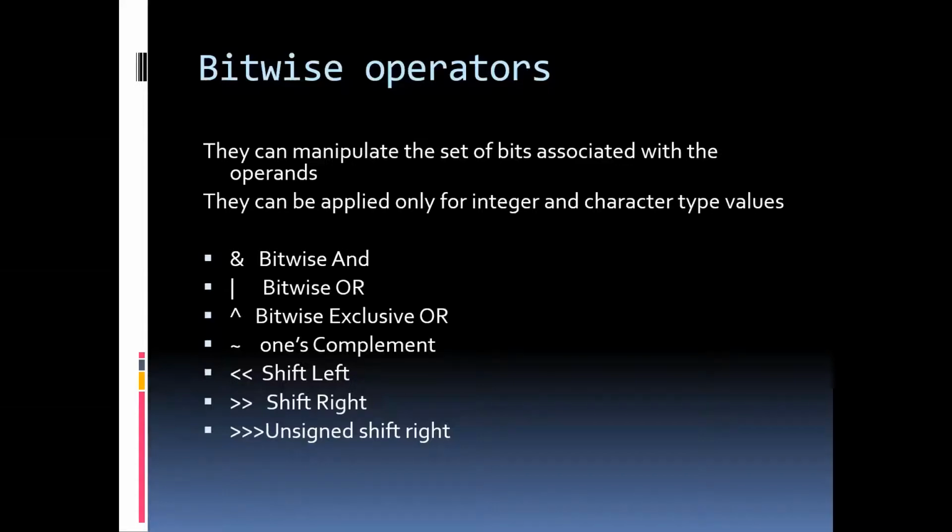So these operators are essential for different programming tasks. Java supports various bitwise operators, and the operators are bitwise and, bitwise or, bitwise exclusive or, one's complement, shift left, shift right, and unsigned right shift, or we can say shift right with zero fill.